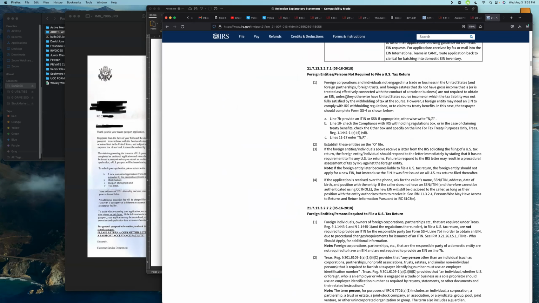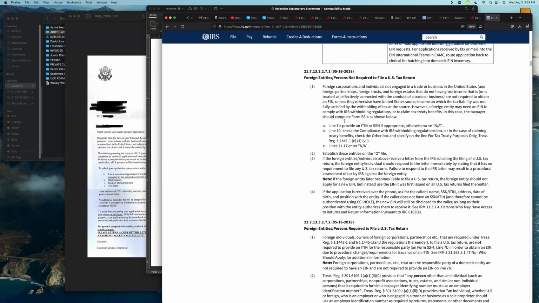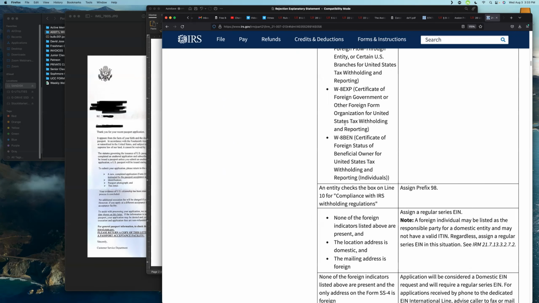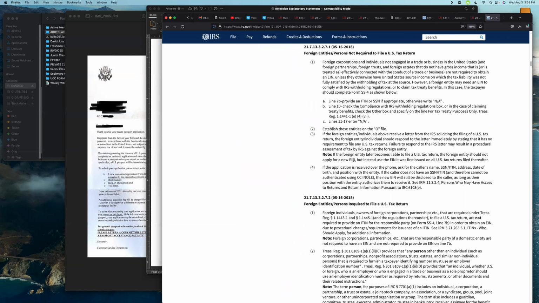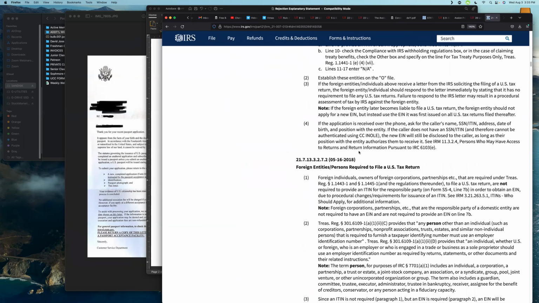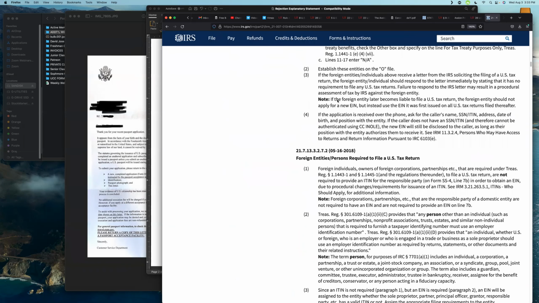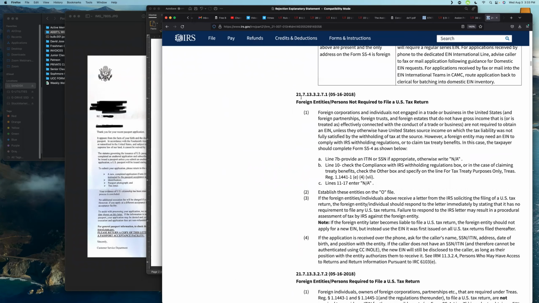Click that, it takes us to this section here. Let's zoom in a little bit. So it says, persons not required to file. This is section 21.7.13.3.2.7.1. It was last looked upon May 16, 2018, so it's been here for a while.